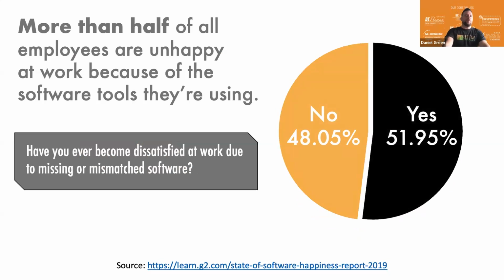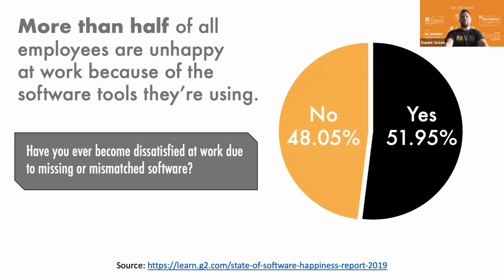So did you know that more than half of all employees are unhappy at work because of the software tools they're using? Well, 51.95% says yes. Have you ever become dissatisfied at work due to missing or mismatched software? These stats have come from G2's 2019 State of Software Happiness Report.